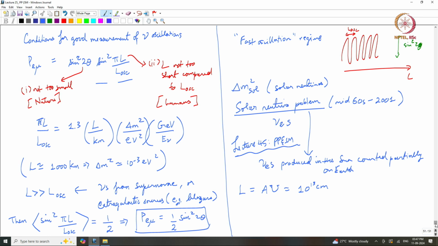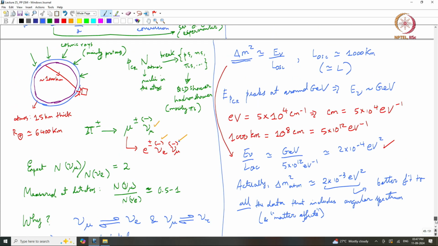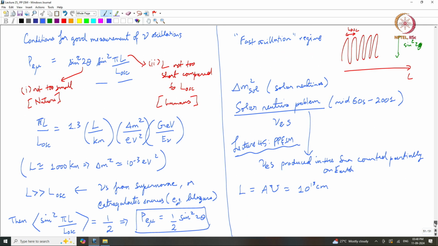You can check this, 1 AU is 8 light minutes. So that will give you 10 power 13 centimeters. And what does that correspond to? We already saw that 10 power 8 centimeters was 5 times 10 power 12 inverse electron volts, correct? So that would mean this is 5 times 10 power 17 inverse electron volts.